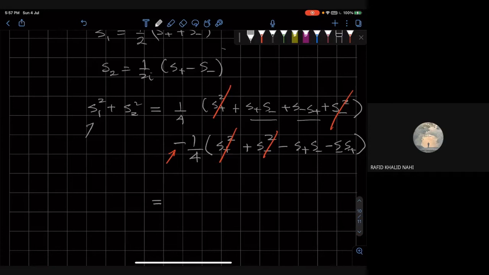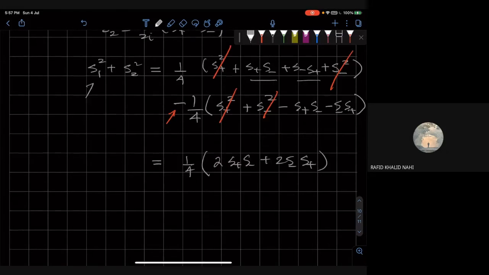And so I get 1/4, and then I get 2S plus S minus plus 2S minus S plus. So I get half S plus S minus plus S minus S plus. Did I make any mistakes? It's very easy to make mistakes here.